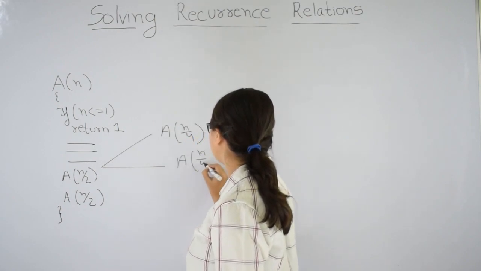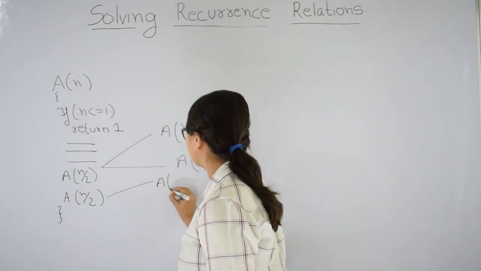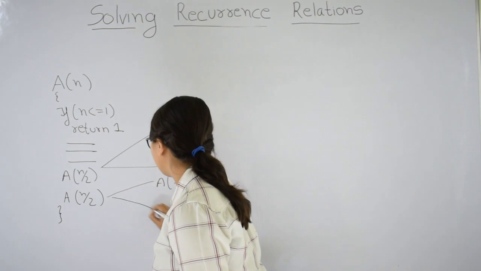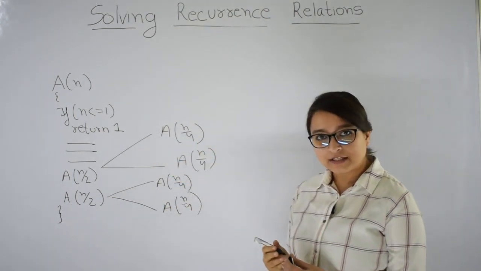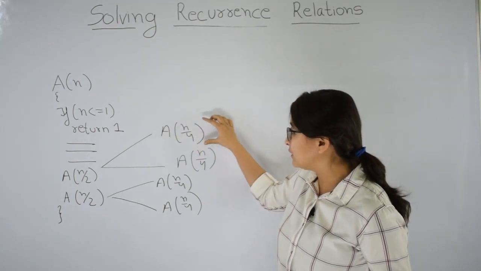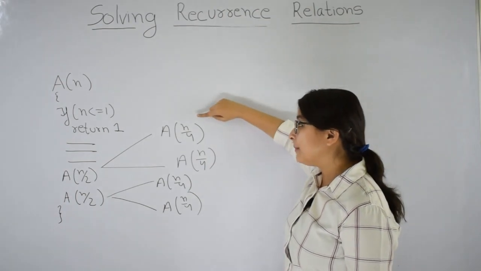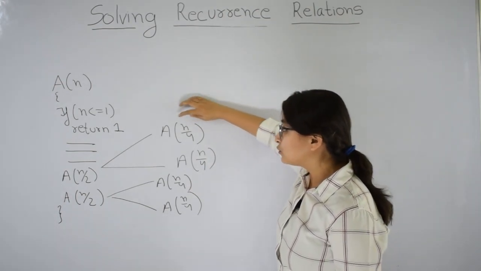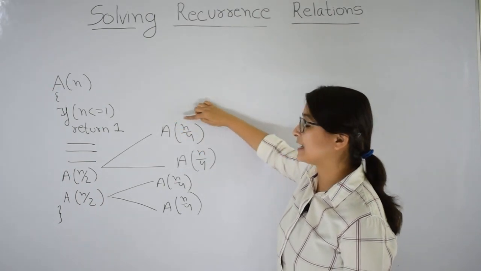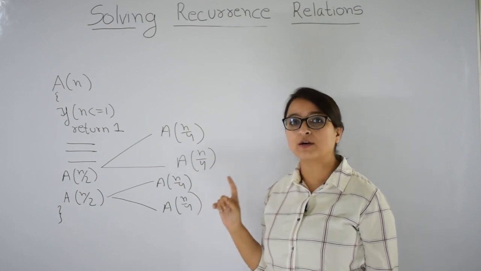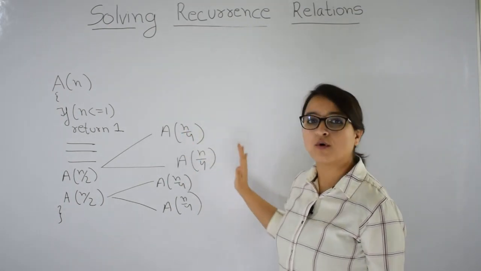So n by 4 will also make two calls to the same algorithm on size n by 4's half, that is n by 8. Each of these, when executing, will make two calls to algorithm A on input of size n by 8. The same will happen with all of these.